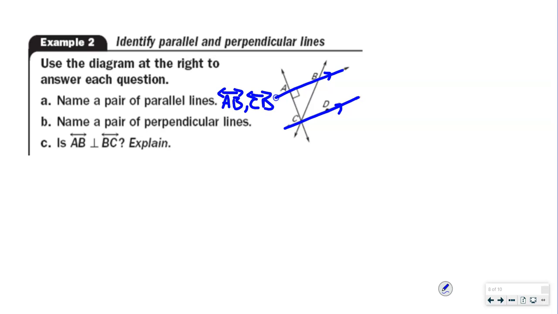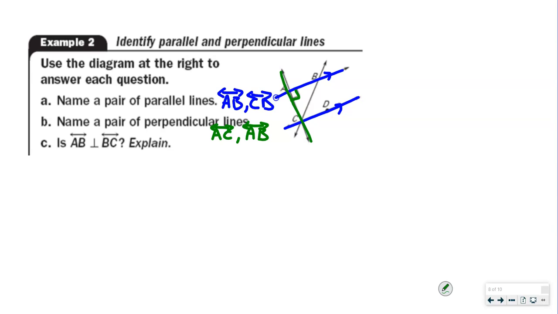Next, we need to name a pair of perpendicular lines. Remember, perpendicular lines need to form a right angle. So here we have AC and AB. They intersect, forming a right angle. AC and AB.